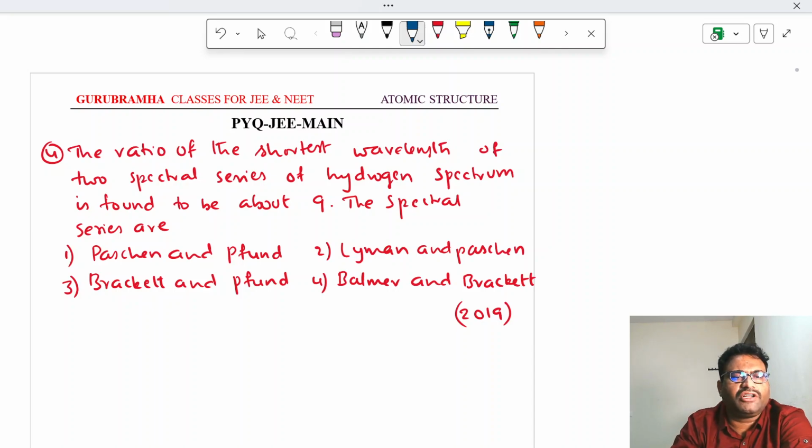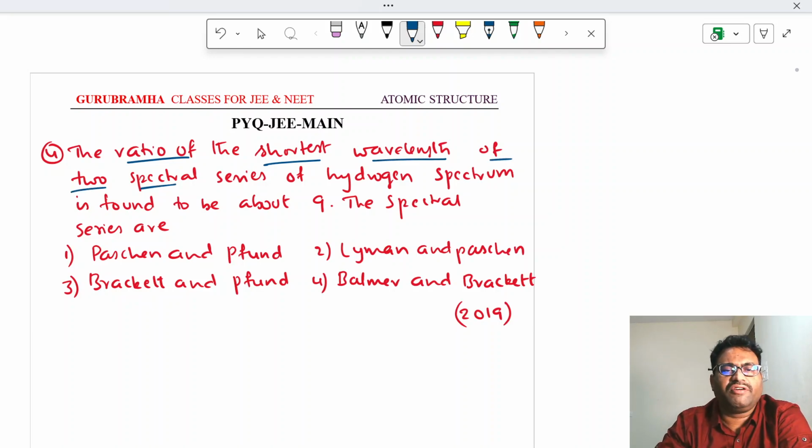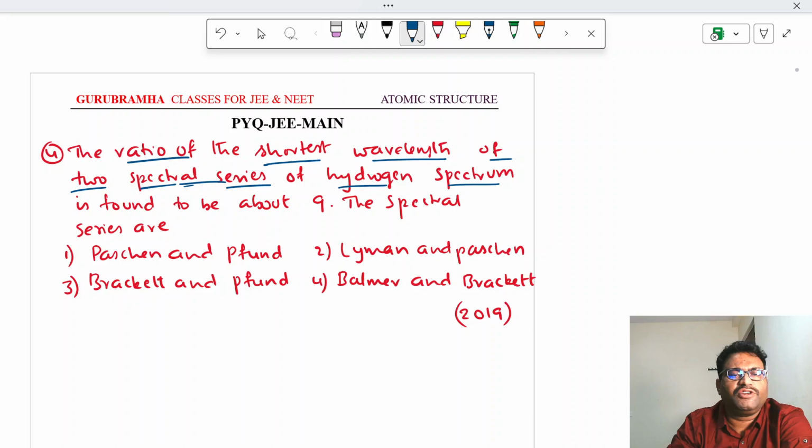The next question: the ratio of the shortest wavelength of two spectral series of the hydrogen spectrum is found to be about 9. Already we have discussed, shortest wavelength means maximum energy.